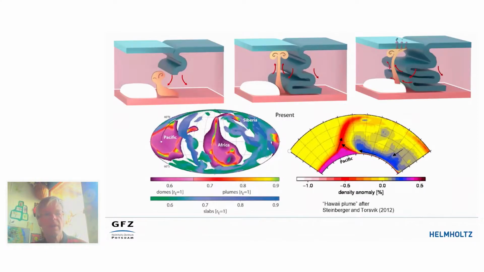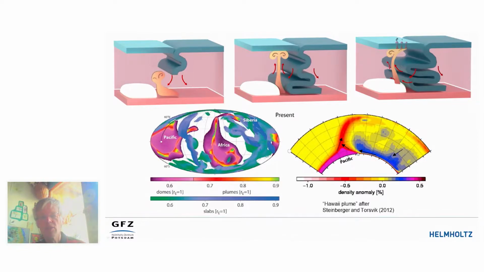Now, the dynamics of why plumes form along those margins of the piles, for this I had a paper with Trond Torsvik in 2012. The basic idea is that the slab pushes the thermal boundary layer at the base of the mantle, and at the same time pushes the chemical material and forms it into piles.